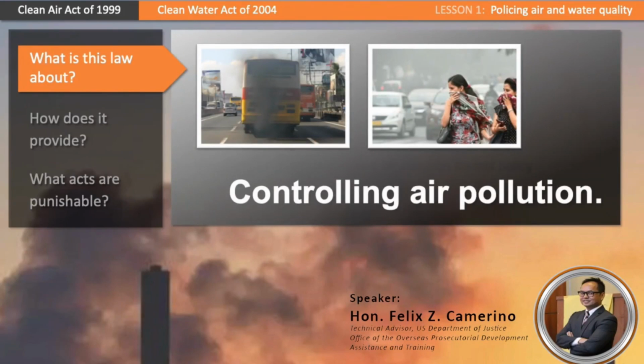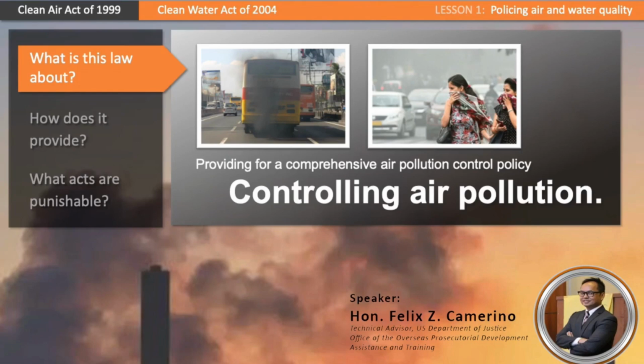Fundamentally, this law, the Clean Air Act of 1999, is about controlling air pollution. The law, in giving itself a descriptive title, even says that it is an act that provides for a comprehensive policy on controlling air pollution. In other words, a comprehensive air pollution control policy.